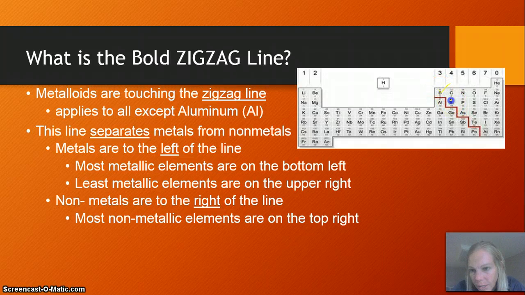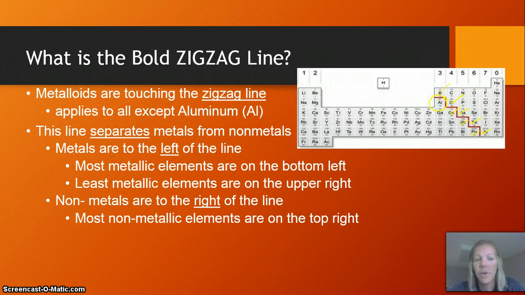So boron, silicon, and this one, and this one, and this one, and this one are all metalloids. However, aluminum is a metal. This line that separates metals from nonmetals, we just call it the zigzag line. There's no special name for it necessarily.